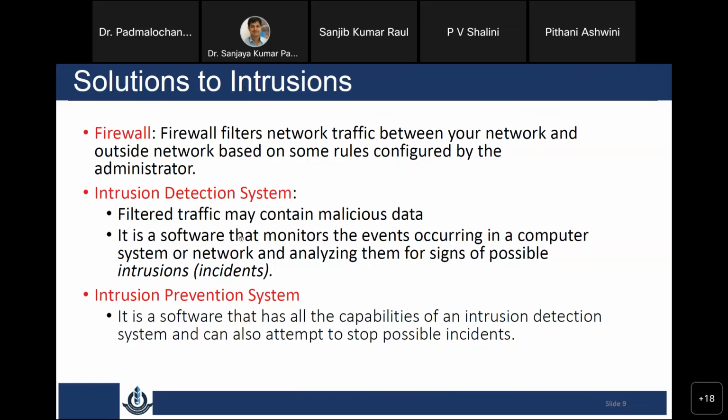and the other solutions are mainly firewalls and intrusion detection systems. Intrusion prevention systems are basically an extension of intrusion detection systems with prevention capability. So a firewall in general filters packets or traffic based on some well-established rules. These rules are configured by your network administrator.